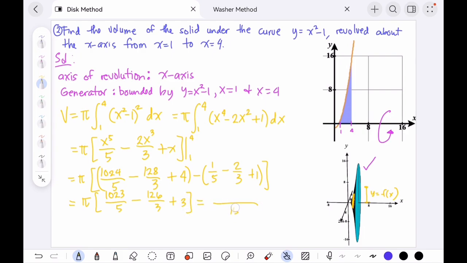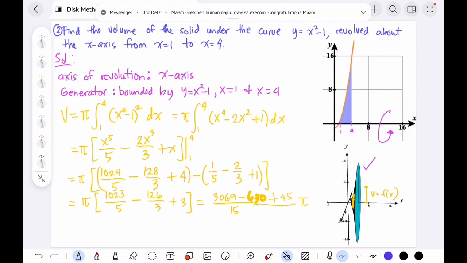Adding, with a common denominator times 3, that's 3069 minus 630 plus 45 pi.